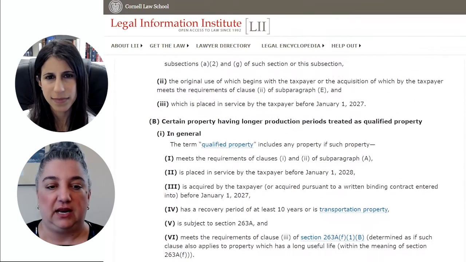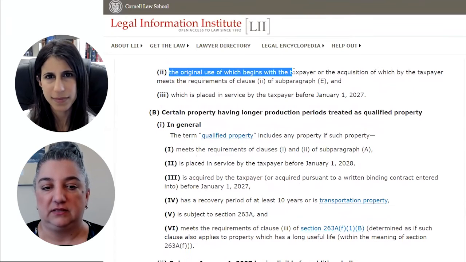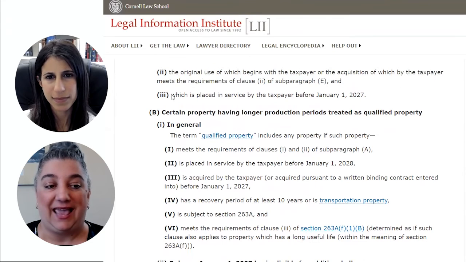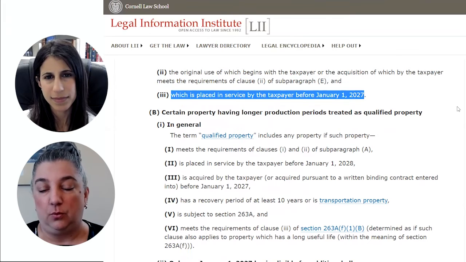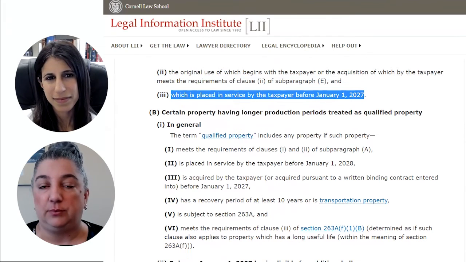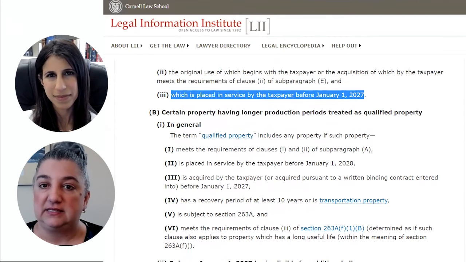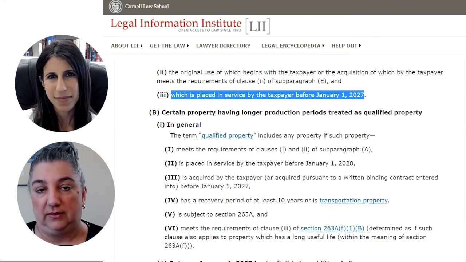In addition, it has to be property that the original use of begins with the taxpayer, or the taxpayer meets certain requirements with respect to the acquisition, and which is placed in service by the taxpayer before January 1, 2027. There are some exceptions to that right below, but you can see that Section 168(k) is a temporary provision that is slated to expire if Congress doesn't make changes to the code in the interim.